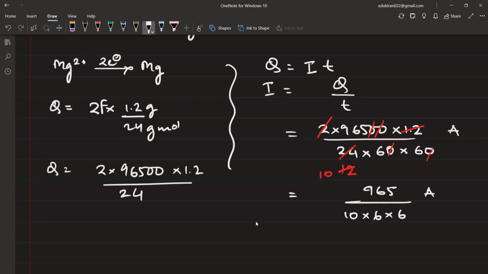Hanifa, you wrote 24, that is fine. Why is it 1 upon 10? Okay, 1 upon 10 is because of the number.